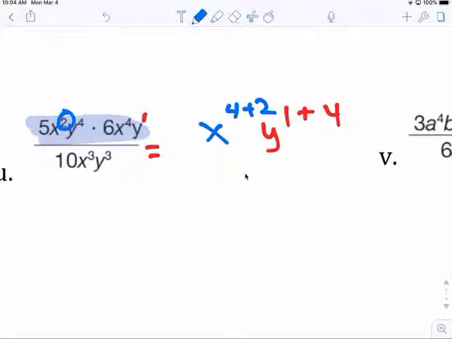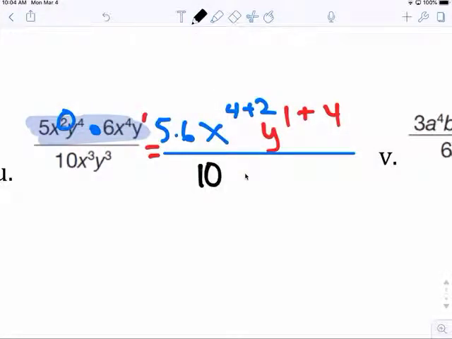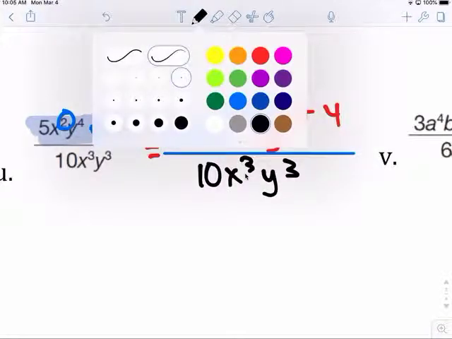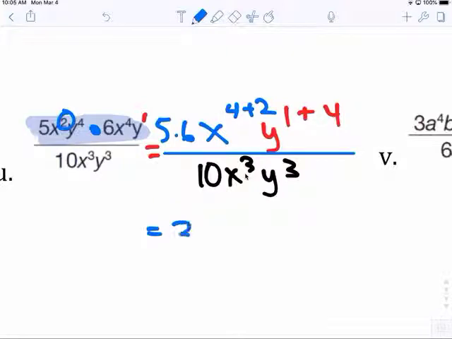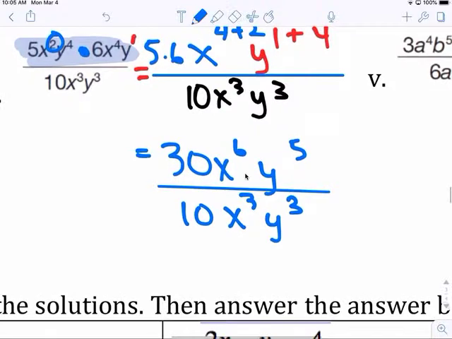This is a multiplication problem, that's why you add 5 times 6. Then on the bottom, the denominator, you can't do anything, so you just copy it. Okay? So you get 30x to the 6th, y to the 5th, over 10x to the 3rd, y to the 3rd.